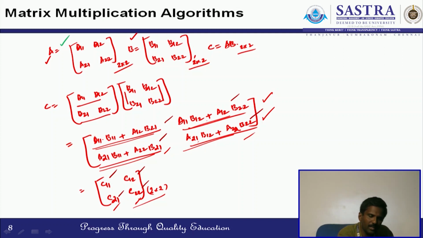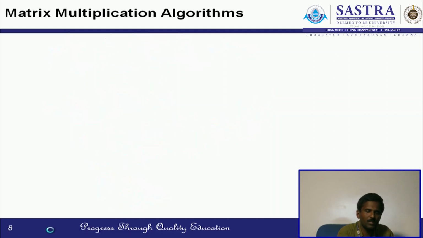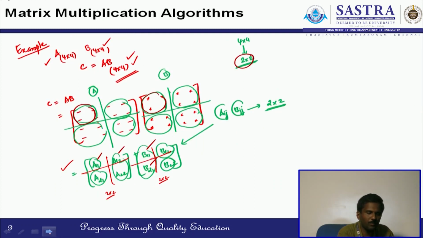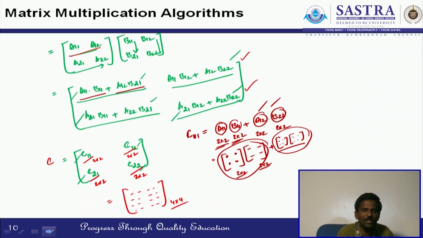So put the values of A11, B11, A12, B21 here, then find the product of the 2 by 2 matrices using the conventional matrix multiplication algorithm. Have a look at C11: C11 is A11 into B11 plus A12 into B22.